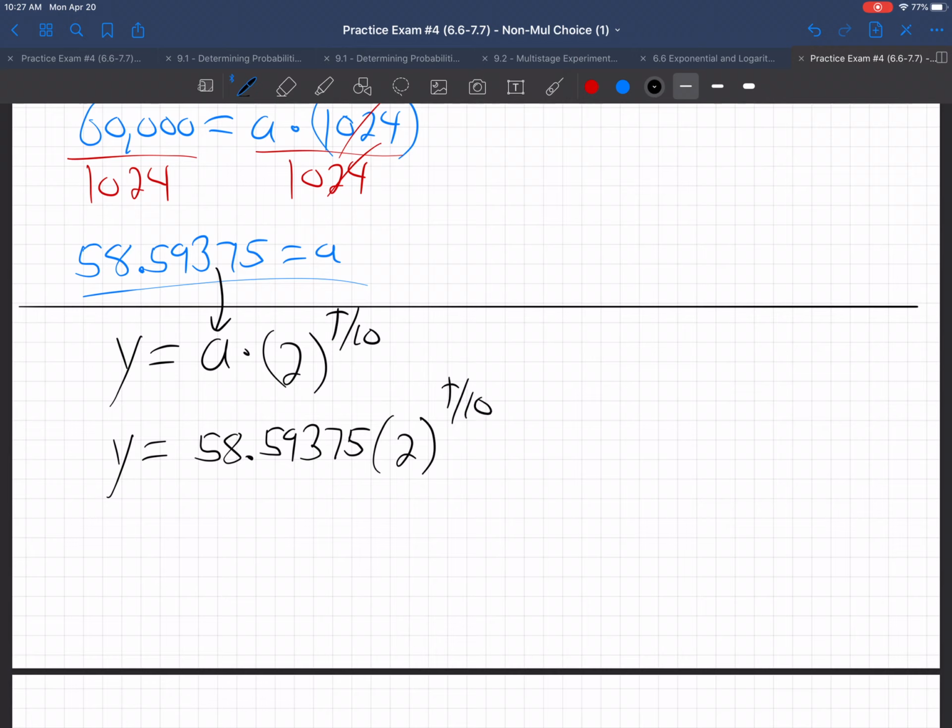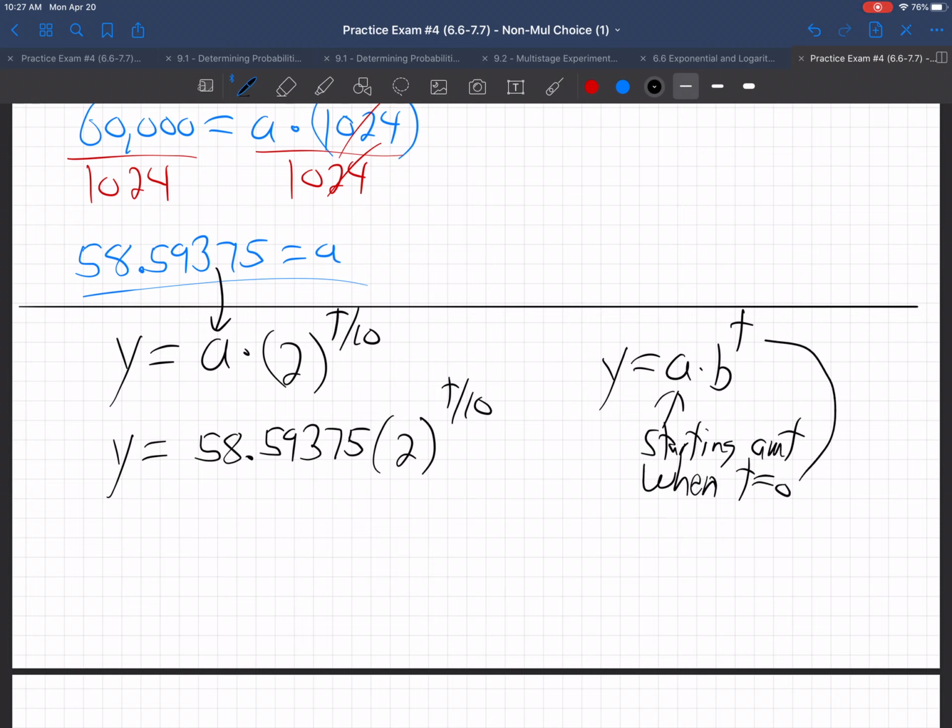Okay, so, by the way, do you see why, when you have the formula y equals a times b to the t, a is the starting amount? I want to make sure that's clear. Starting amount when t is 0. So if you plug in 0 there for t, you get y equals a times b to the 0.